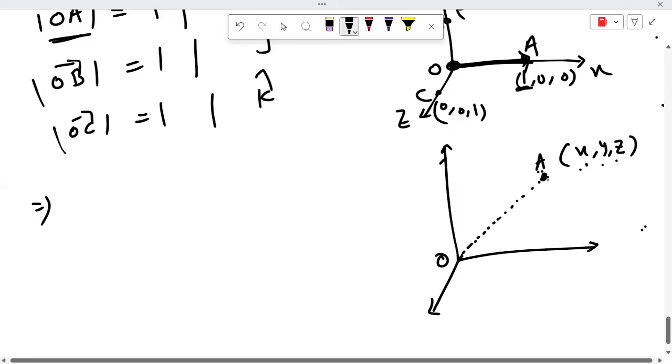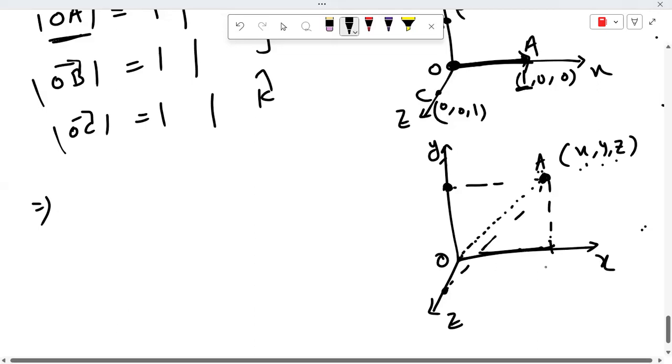That means to reach A, you have to walk x units in the direction of x-axis, y units in the direction of y-axis, and z units in the direction of z-axis. Okay.